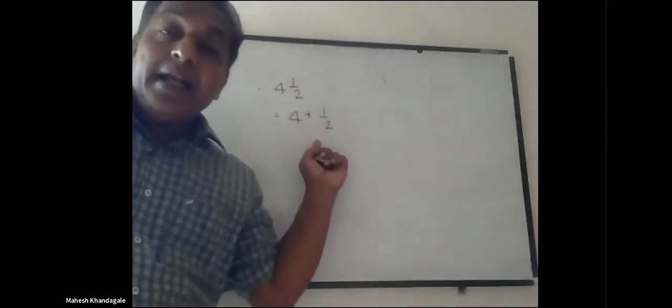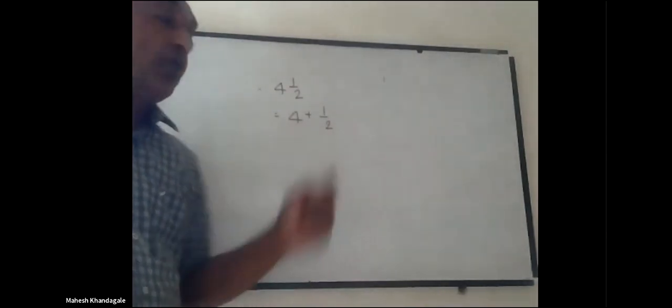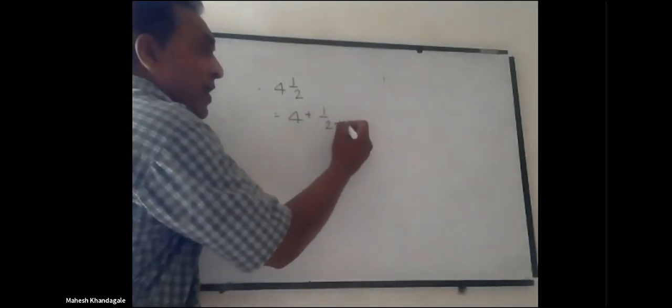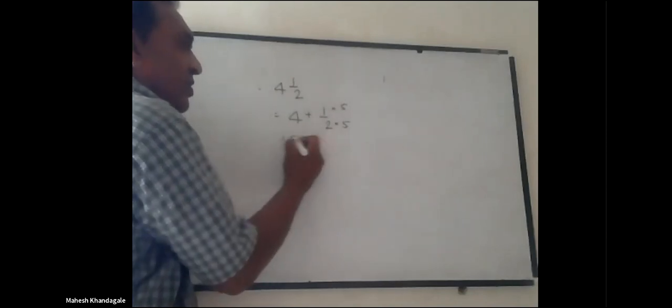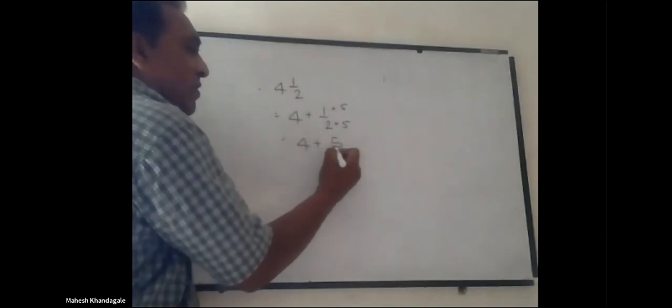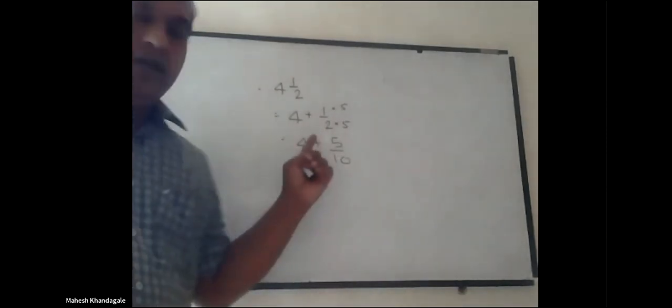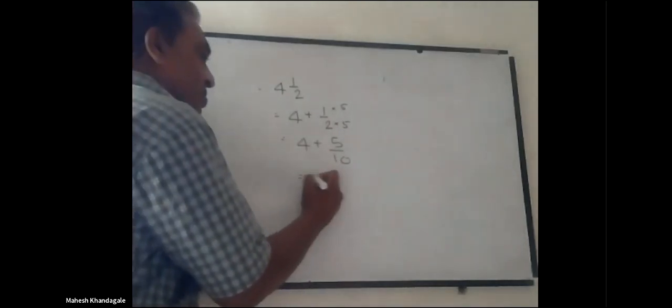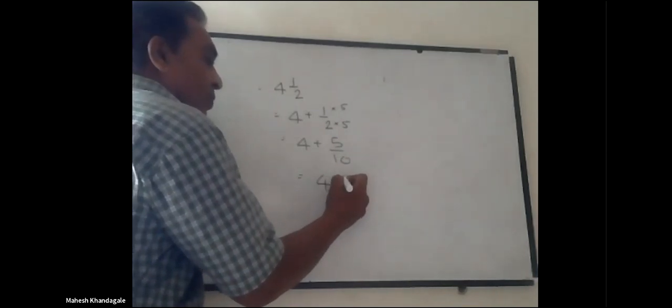Now this I will write as decimals. So convert the denominator into 10. So multiply by 5. So this is 4 plus 5 upon 10. तो ये tens digit हो गया, ये units digit हो गया. So this is 4.5.